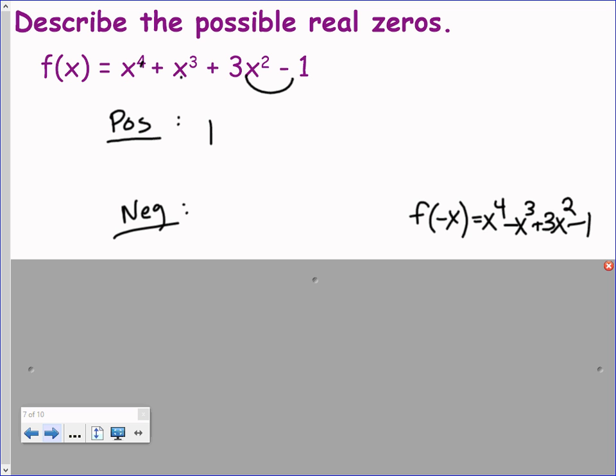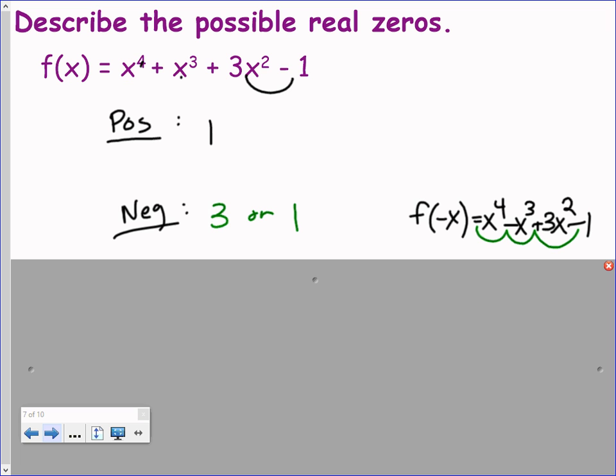And now I go through counting up sign changes. From x to the 4th to minus x cubed, do you have sign change? 1, 2, 3. So that's telling me for my possible number of negative zeros, I either have 3 or 1.